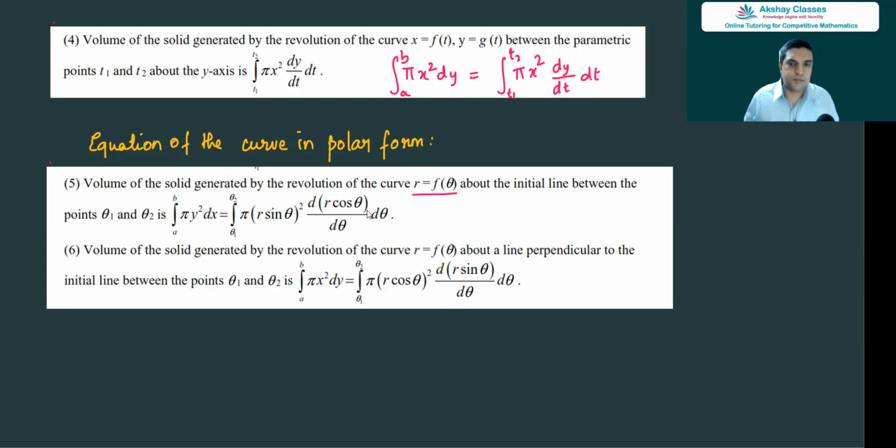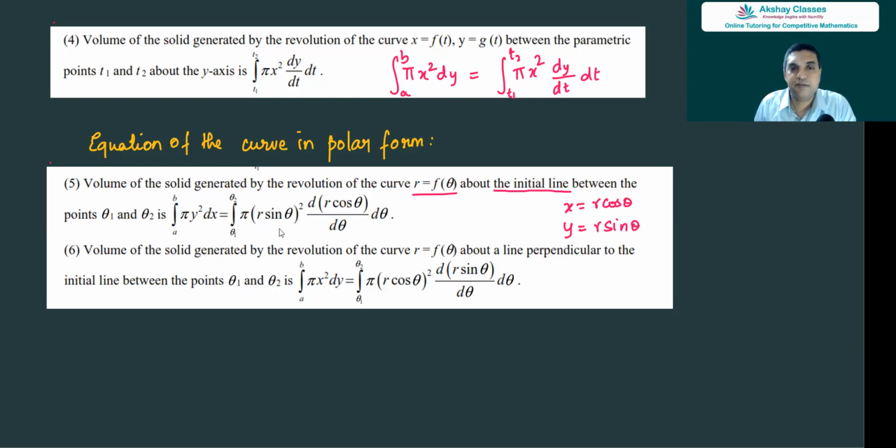Now we know the relationship between polar coordinates and Cartesian coordinates. It is very important how the revolution is taking place. Here the revolution is taking place about the initial line. The initial line is like the x-axis, so this is revolution about the x-axis. And we know that x is equal to r cos theta and y is equal to r sin theta, the relationship between Cartesian coordinates and polar coordinates.